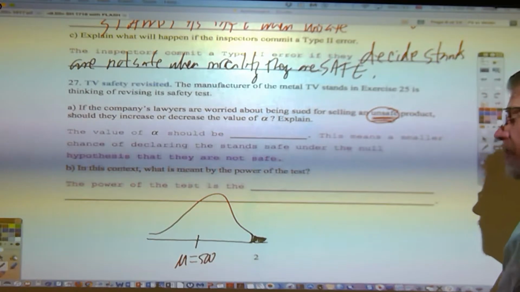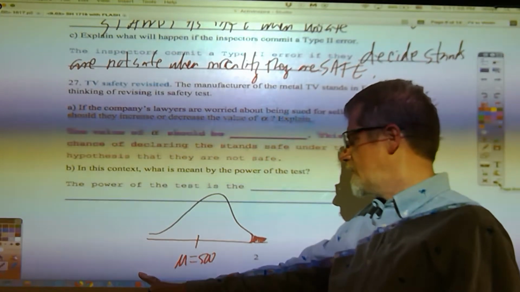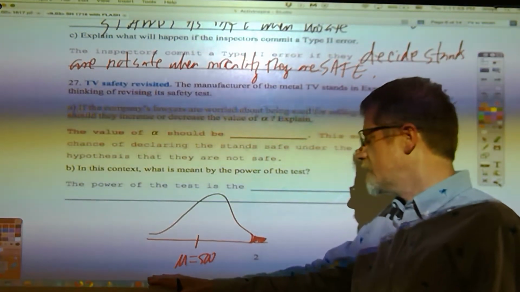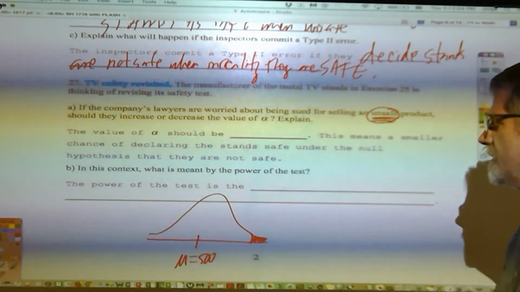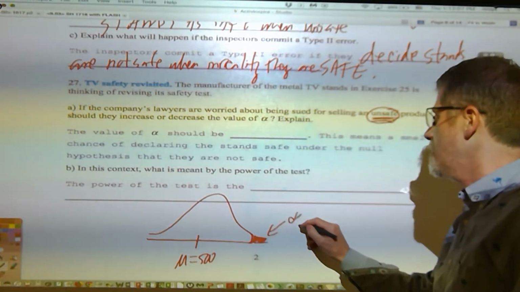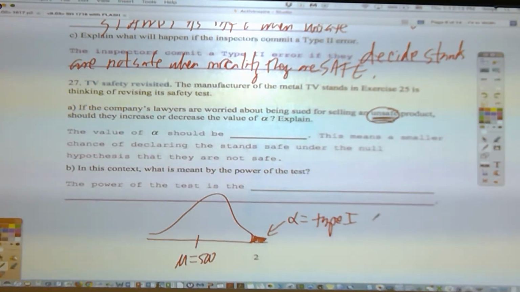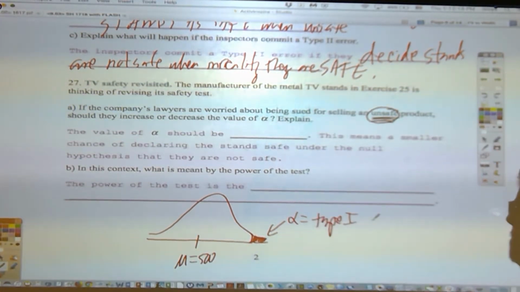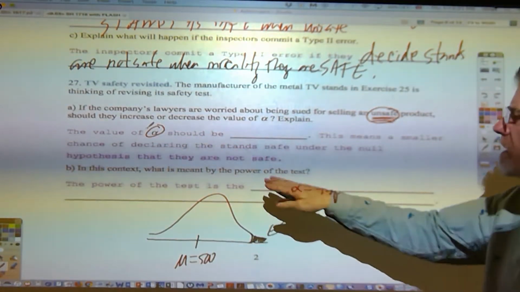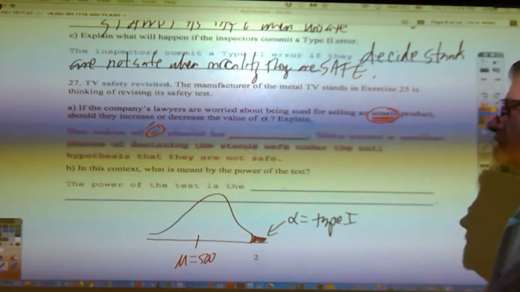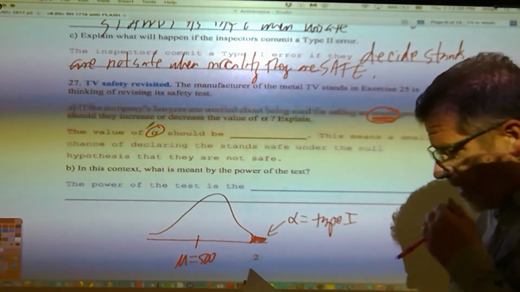If it's unsafe, then in reality, let's say it only holds 400 pounds. Well, occasionally one that holds only 400 pounds will rate out up here in this region. But the point is that a type 1 error is the probability of doing exactly what they're talking about. So it's not a type 2 error that they're concerned about. They are concerned about a type 1 error. So if they want to decrease the probability of declaring unsafe products safe, they should decrease the value of alpha.